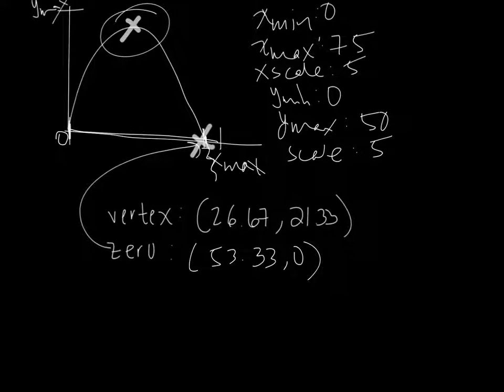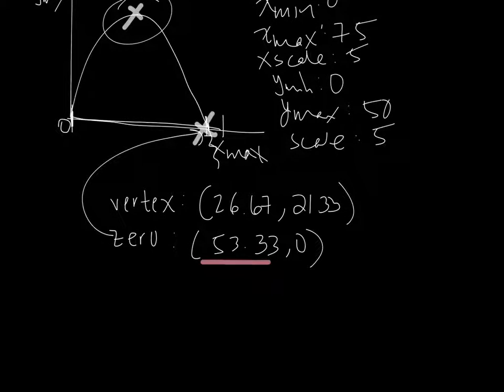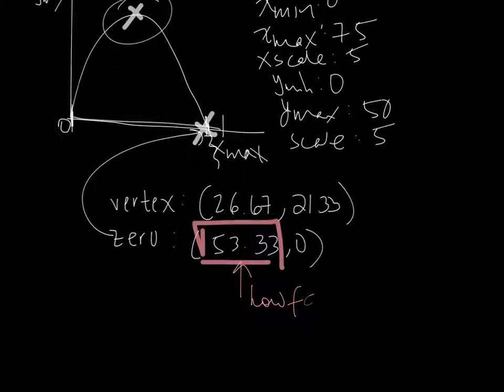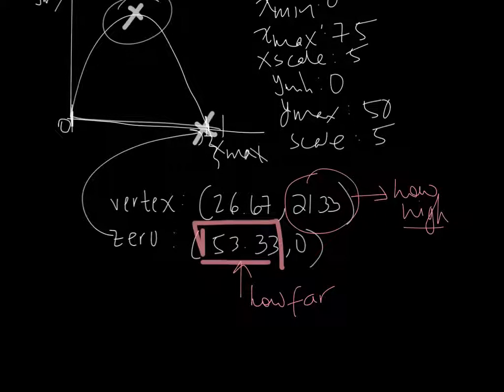This number over here is how far Diego kicked the ball. So this is how far. This is how high, and it's the y value because y is always height.